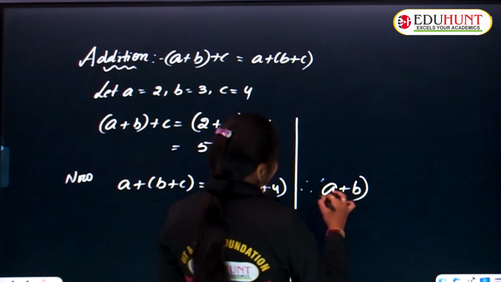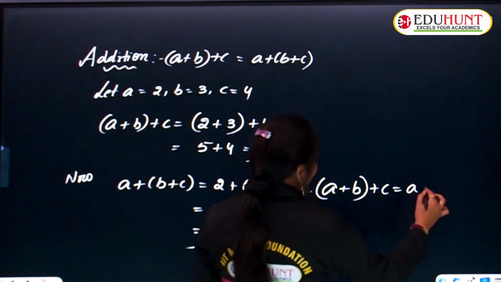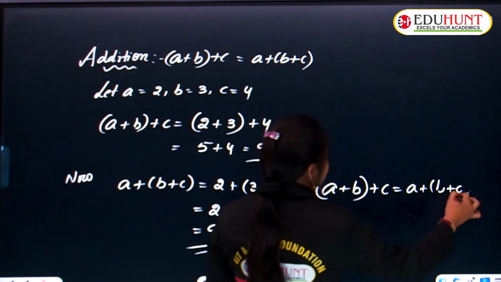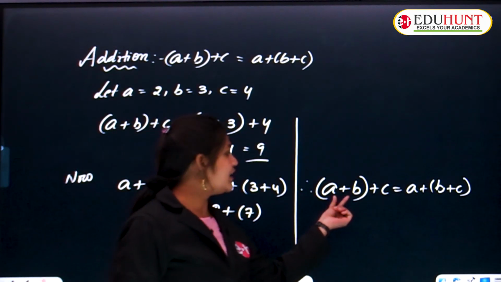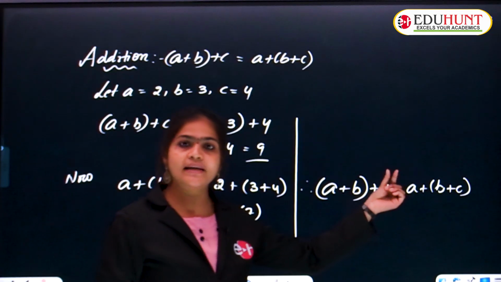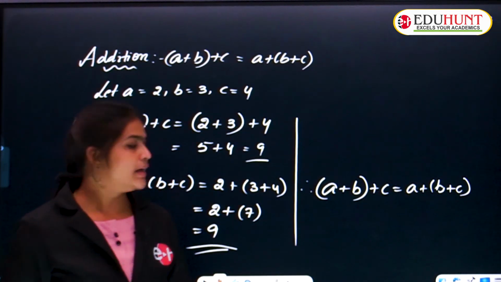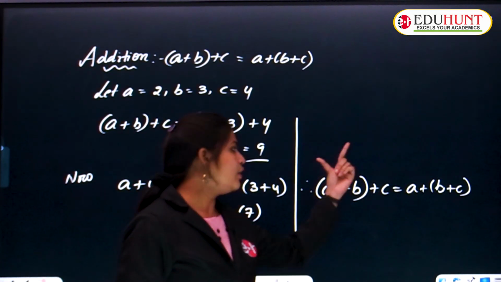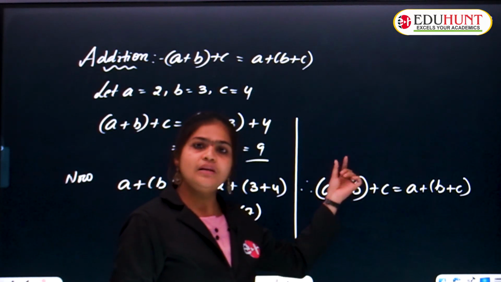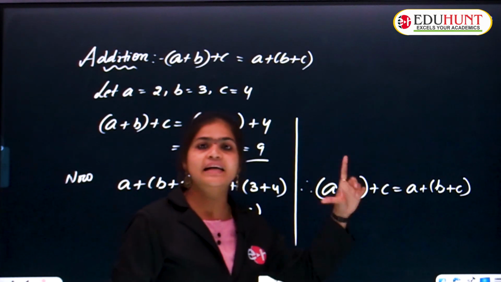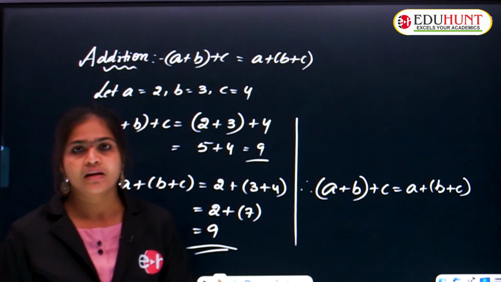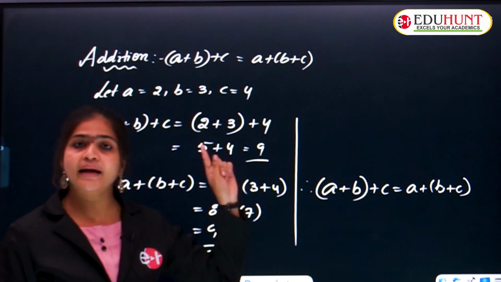(A plus B) plus C is equal to A plus (B plus C). Understood? Which means if you add the first two numbers, either A and B or B and C, and then add the remaining number to that result, you will get the same answer. So this is related to addition.